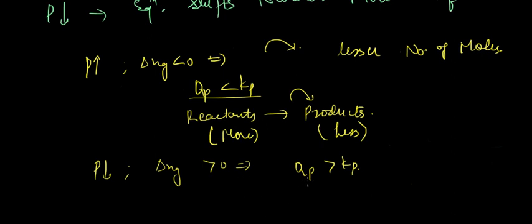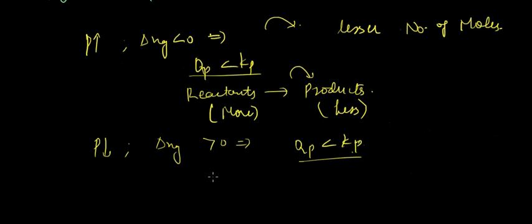So am I writing this right? No, the previous one was right only, wherein Qp was getting lesser than Kp. Okay, so why is this the case? Because Qp is proportional to P to the power delta ng, and as delta ng is positive and P is decreasing, that implies Qp is decreasing. So the reaction will go in the forward direction again, from reactants to products.